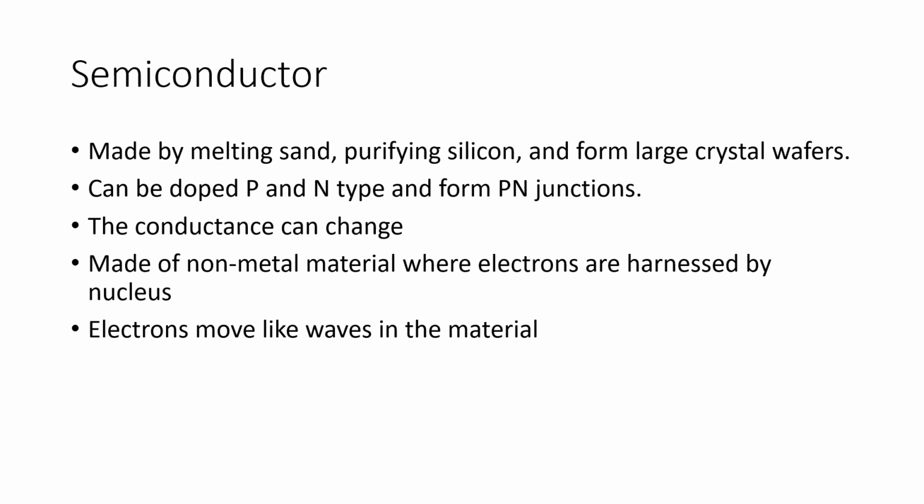And the semiconductor is made of non-metal materials. It's not metal. In such material, the electrons are harnessed by the nucleus and can be freed when you apply heat or electric energy.